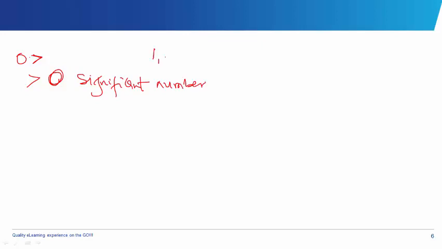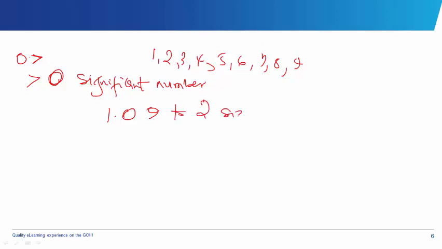So 1 is a significant number, 2, 3, 4, 5, 6, 7, 8, 9. These are all significant numbers. Okay? So if you have 1.09 to 2 significant numbers.